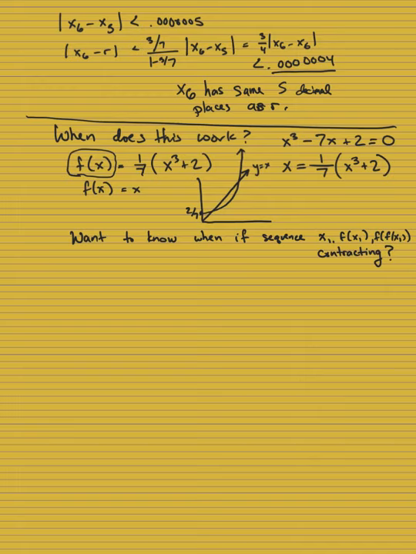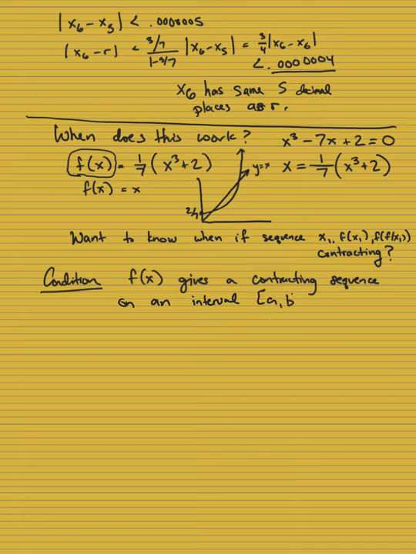So the condition, and I haven't even said what a derivative is yet, but maybe it won't be too surprising, is that f of x gives a contracting sequence on an interval AB exactly when the absolute value of the first derivative of x is... oops, sorry, not 0, but less than 1, for all x in AB.